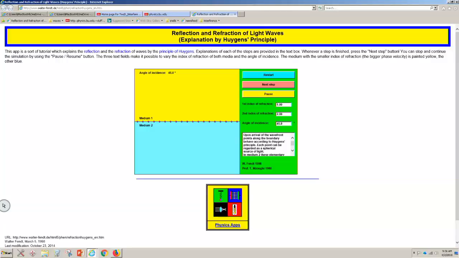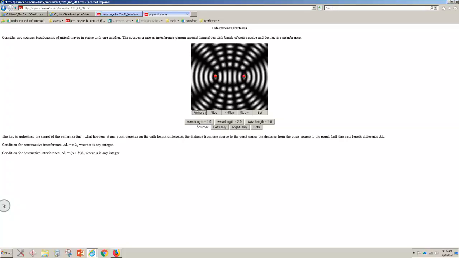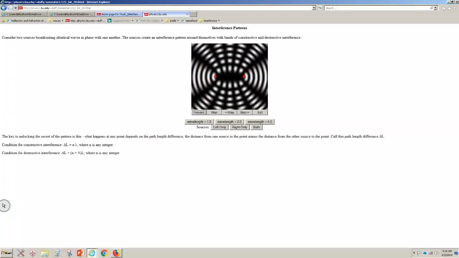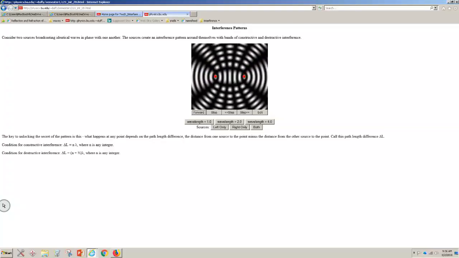So this is done. This is a time-dependent picture of a steady wave in a space around two sources. We can look at a single point here, for example, and we can see it's always black, which means two waves here always cancel each other.